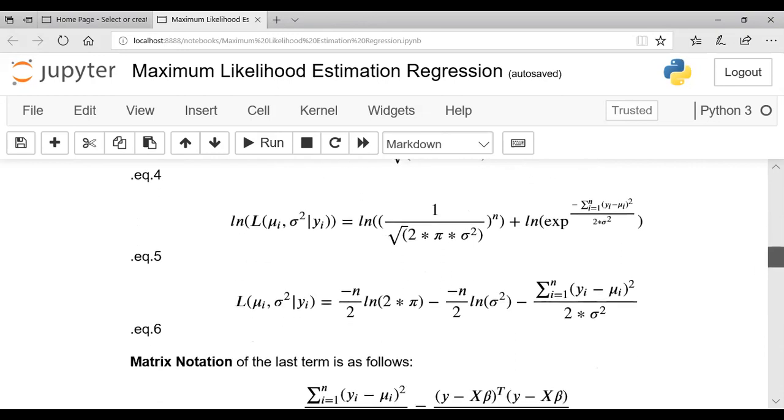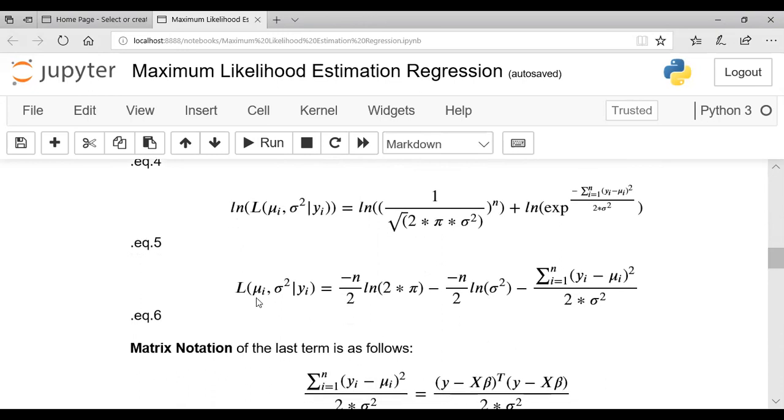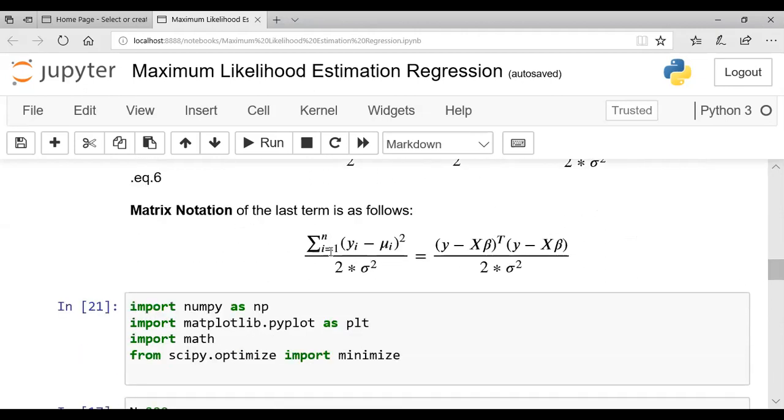If we simplify it further, the log likelihood is equal to minus n by 2 log of 2 pi, minus n by 2 log of sigma square, minus summation i equal to 1 to n of yi minus mu i whole square divided by 2 sigma square. Now, what is the value of this one? Summation i equal to 1 to n of yi minus mu i whole square divided by 2 sigma square is equal to y minus x beta transpose multiplied by y minus x beta, divided by 2 sigma square.